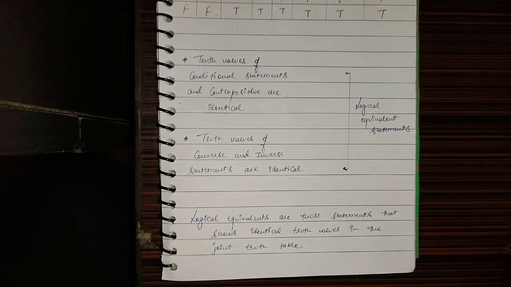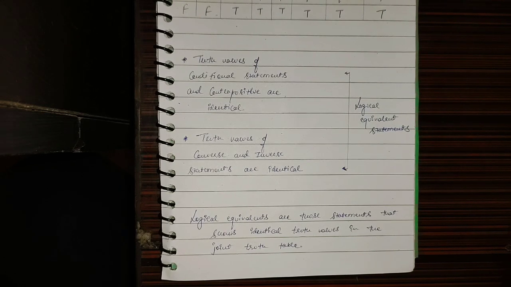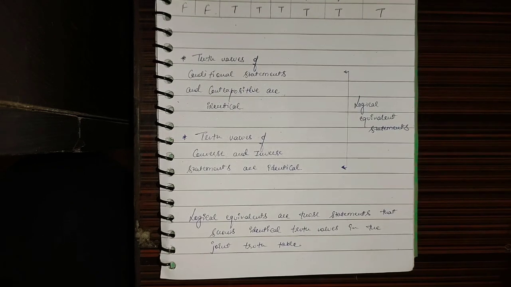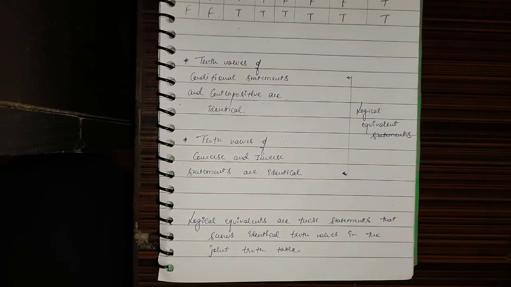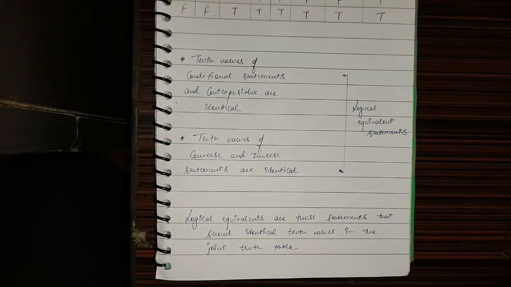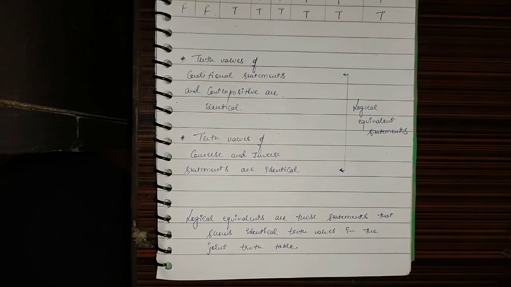When the truth values of the conditional statement and its inverse, contrapositive or converse are identical, we say that these statements are logically equivalent. Logically equivalent statements are those statements that show identical truth values in the joint truth table.